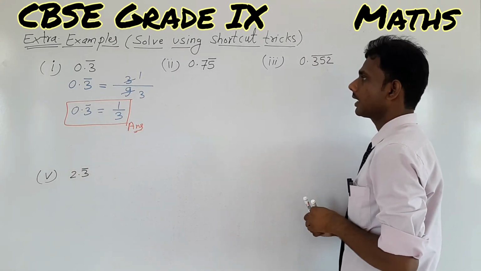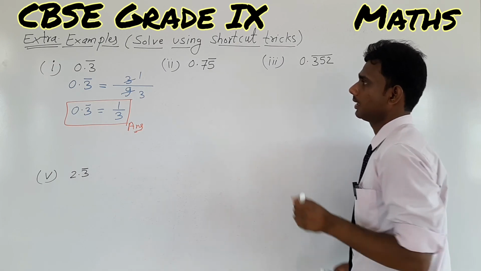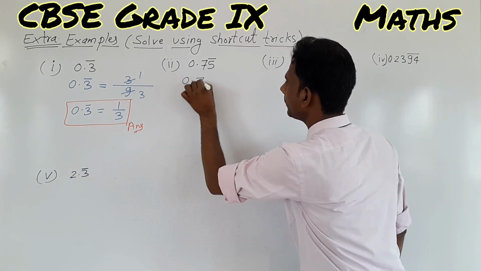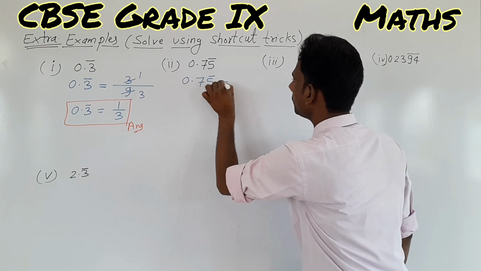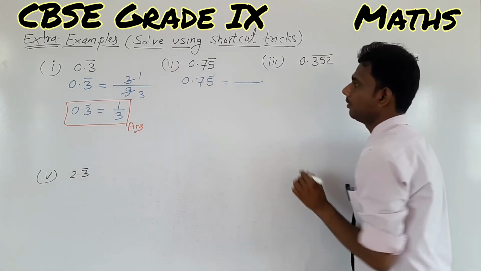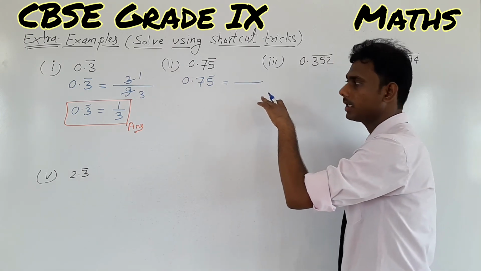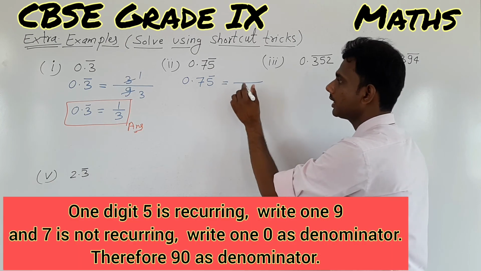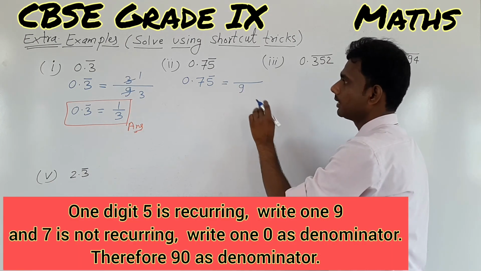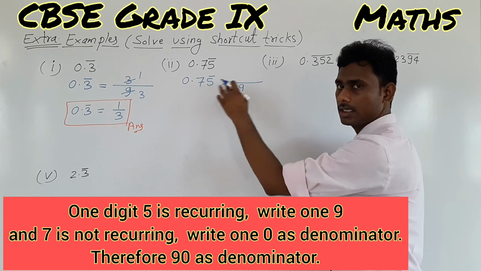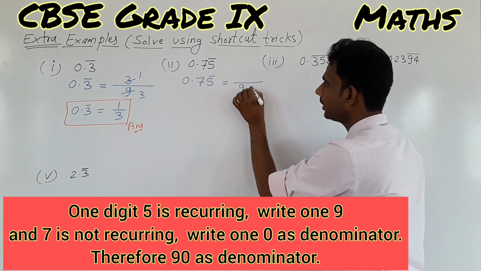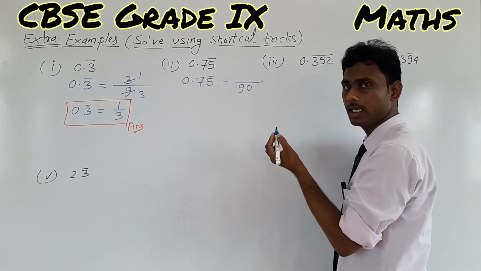Second is 0.75 bar. You write here 0.75 bar. This will be equal to, what you write in denominator? 1 digit is recurring, then you write 9 here. Then 1 digit is not recurring, then you write 0. And what you write in numerator?